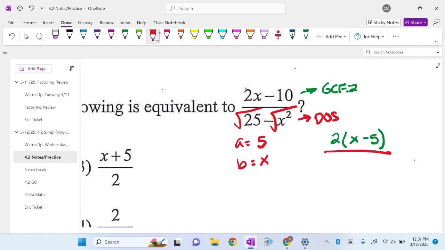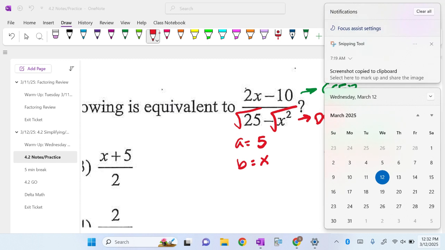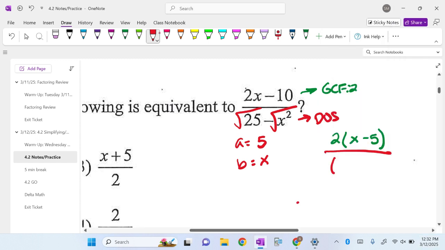X. So what are my two factors? Nope. Wrong order. Right. So if 5 is a, you have to put 5 first. So 5 plus x times 5 minus x.